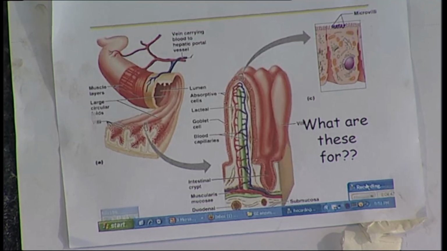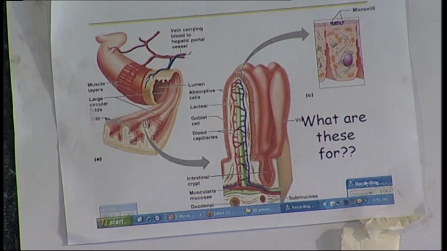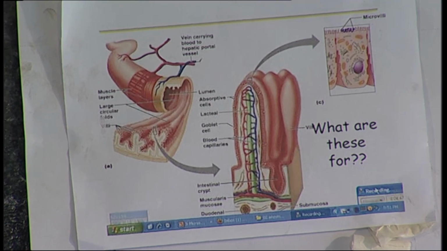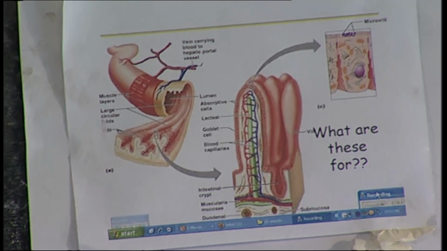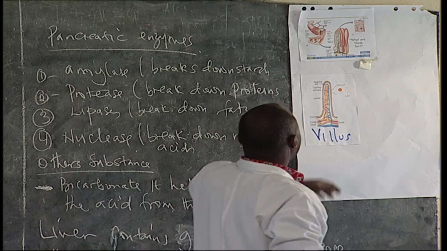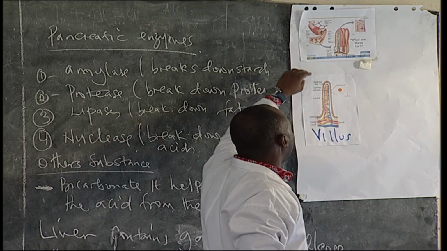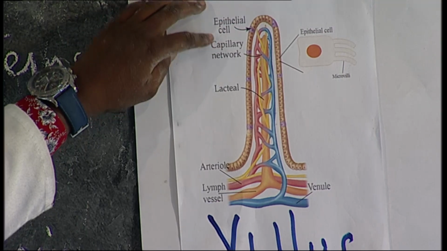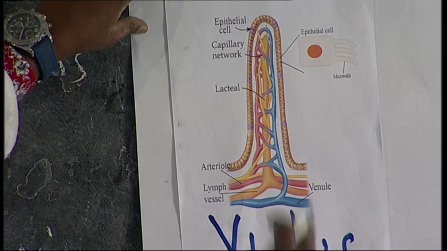We have another diagram showing a detailed structure of a villus. This one is a villus. As you can see, the villus is made up of very many parts. We have epithelial cells. We have blood capillary networks.